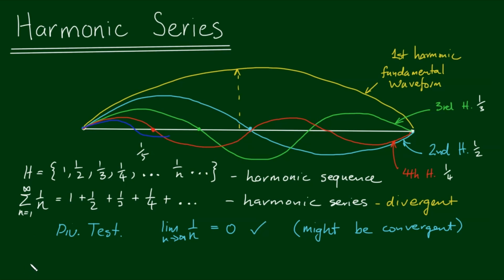Alright, so let's consider a series that doesn't pass the divergence test. Let's consider the sequence 1 and 1/2, 1/2, 1/2, 1/2, and the rest is just going to be 1/2s to however many terms you like.